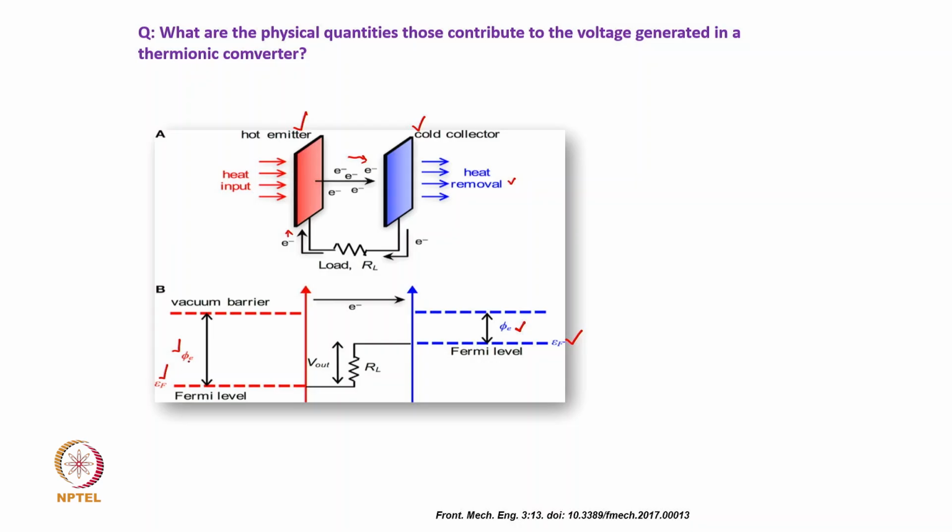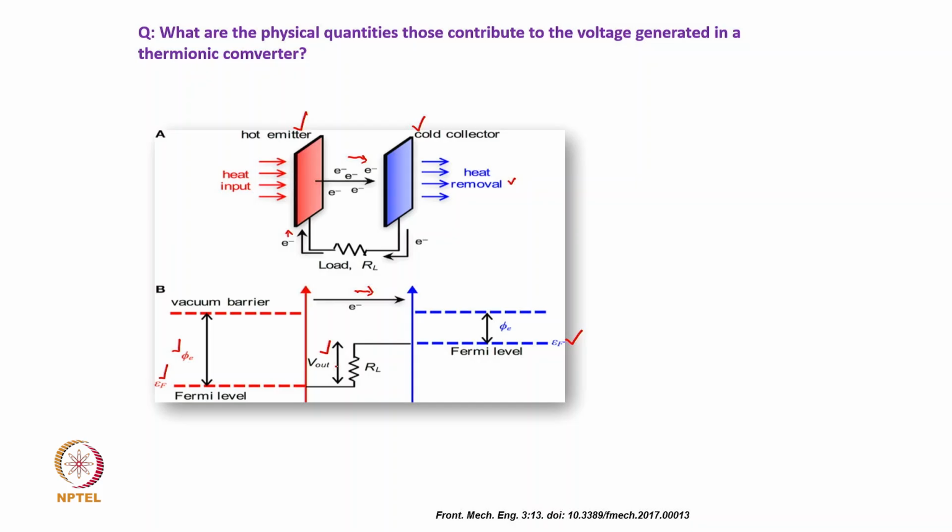The electron moves in this direction, and this difference, the current when it goes back, dropped in the load resistance, gives us the output voltage.